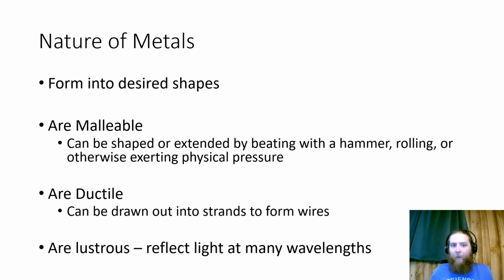They're malleable, which means we can beat them with a hammer, roll them, or apply any other kind of physical pressure, and they will form different orientations. They're ductile, which means we can draw them out to form wires like copper wire. And they're lustrous, which means they reflect light at many wavelengths. They're reflecting these electrons back out at different wavelengths.